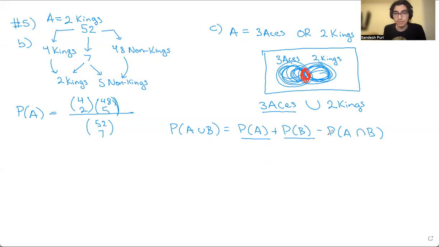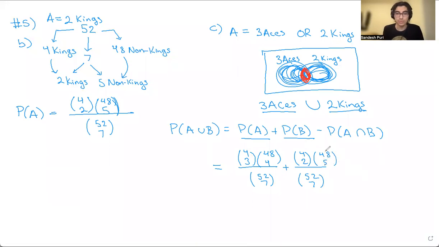The probability of B is the probability of getting exactly 2 kings. Thankfully, we solved for those in part A and part B, but it is a similar method, if you think about it. The probability of A, we said, for getting 3 aces was 4 choose 3, 48 choose 4, over 52 choose 7. The probability of B getting exactly 2 kings is 4 choose 2, 48 choose 5, over 52 choose 7.